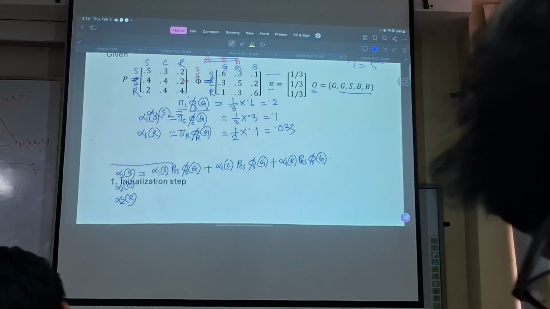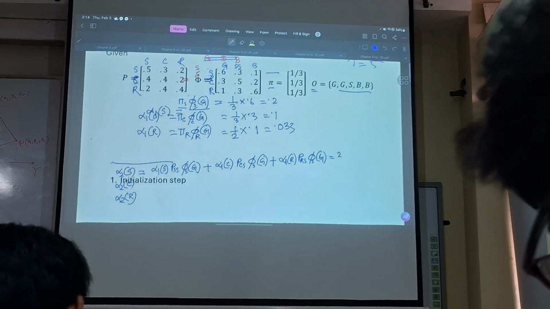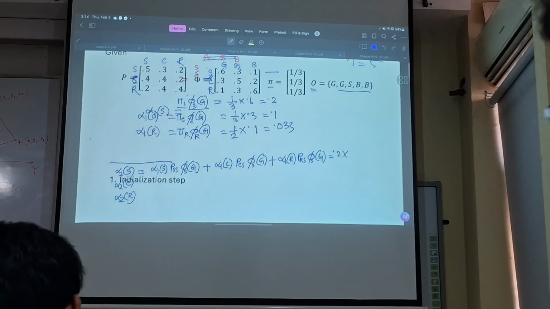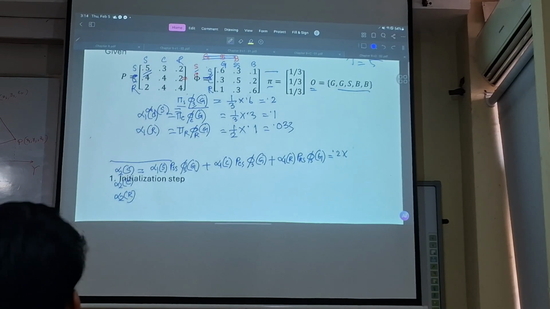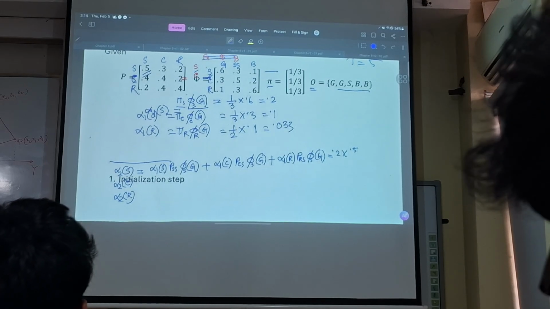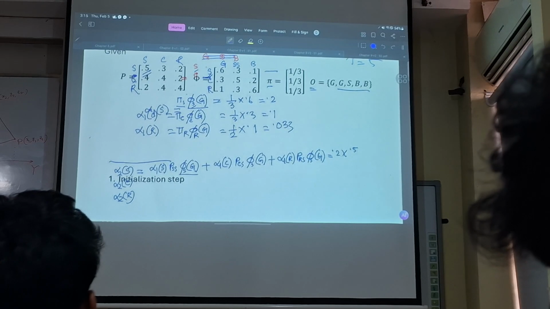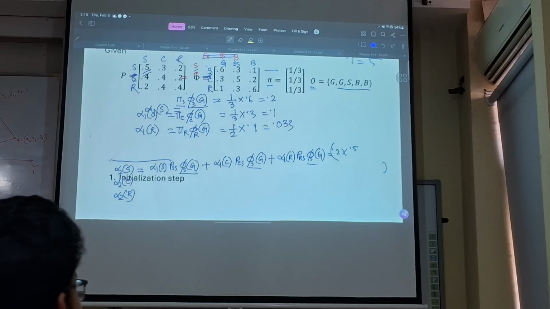Then what can we write? Alpha 2s is what? 1, 2 into what? A transition from s to s. What is that? 0.5. And let us become a bit intelligent. This phi s g is everywhere, right? Let's make it common. What is this value?